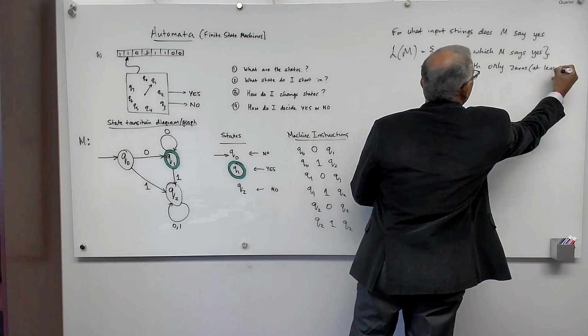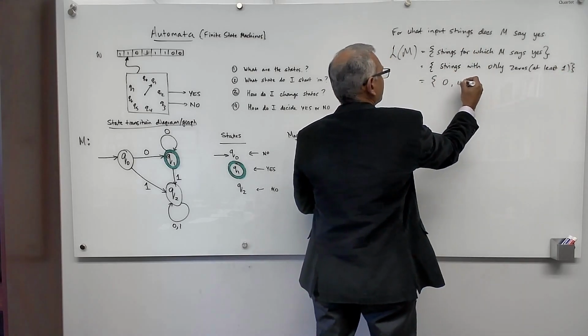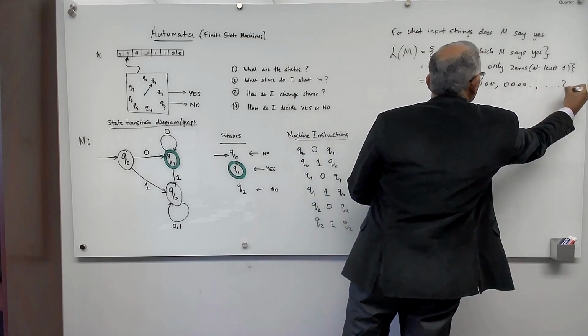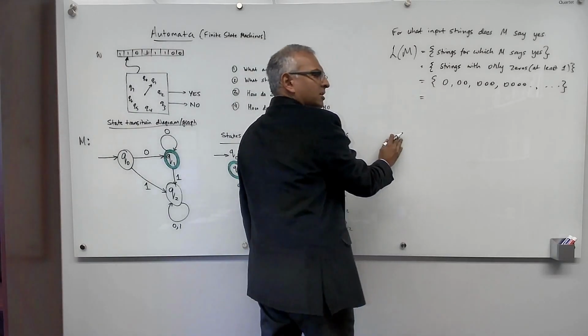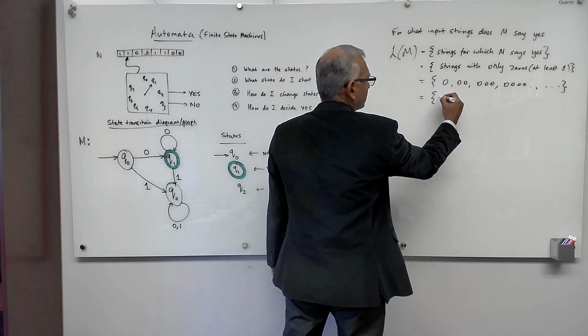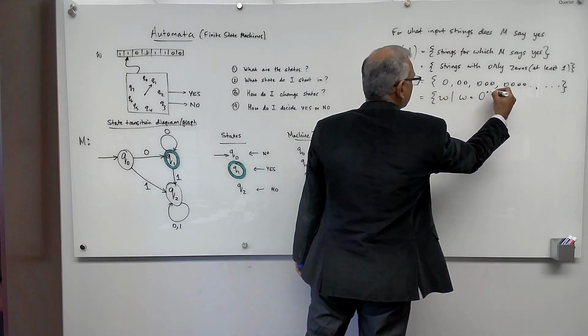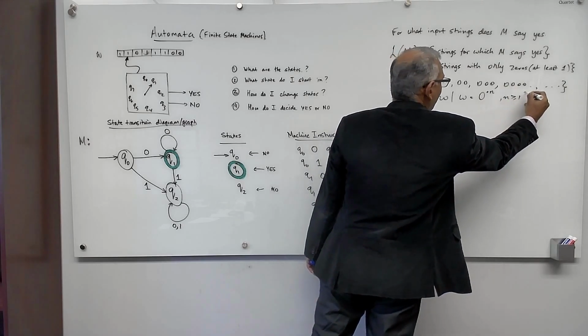The language is 0, 00, 000, and so on. Strings with only zeros. If we wanted to use set and variable notation, they're the strings w, where w is equal to 0 concatenated, raised to the power n, where n is greater than or equal to 1.